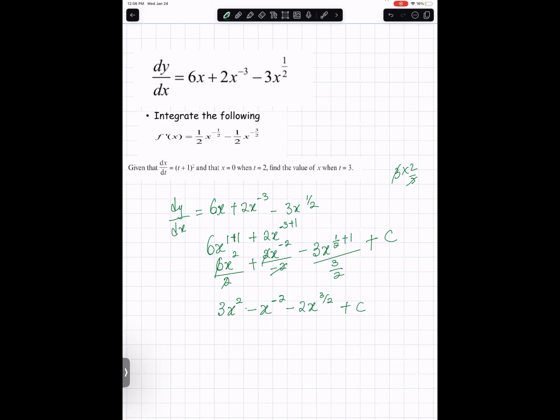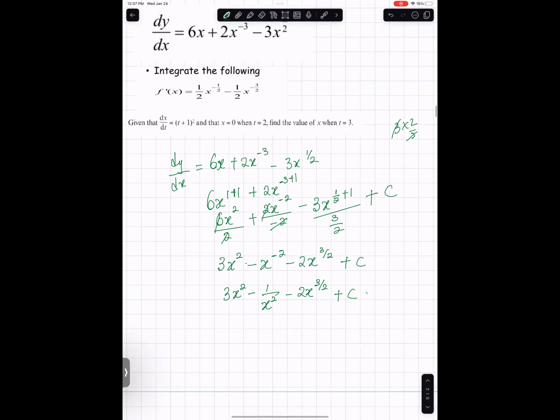So this is what we have for integration of this. This can be written as 3x squared minus 1 over x squared minus 2x raised to the power of 3 over 2 plus c. So this is how to go about your integration.